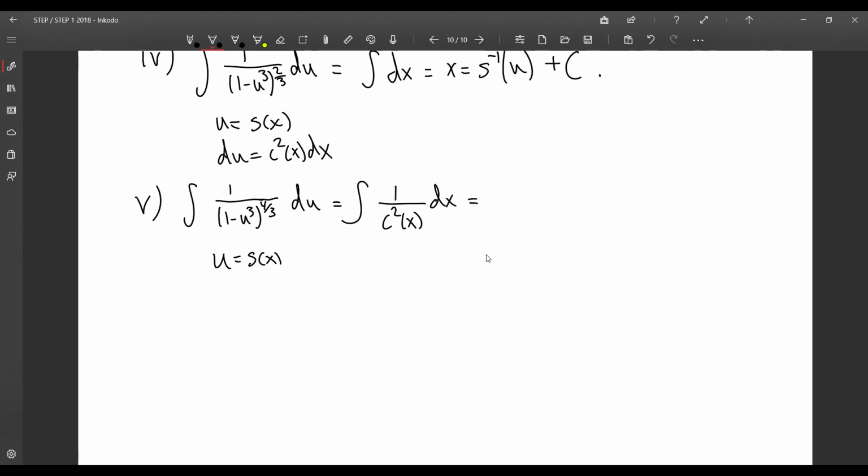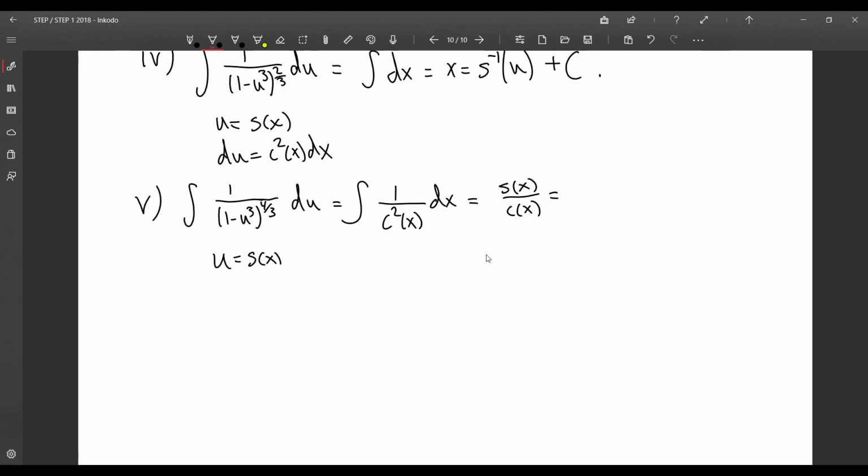But we showed earlier that the derivative of s of x over c of x is 1 over c squared.